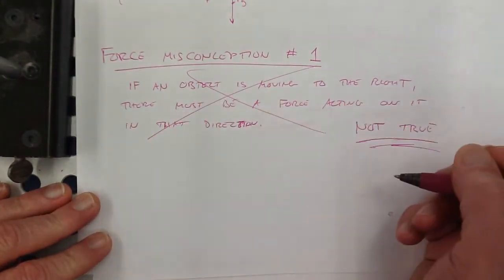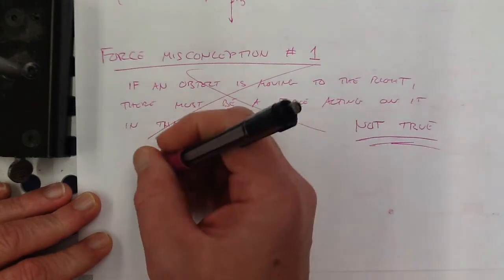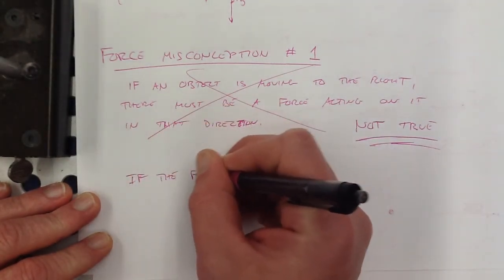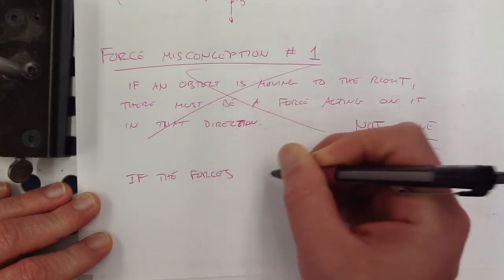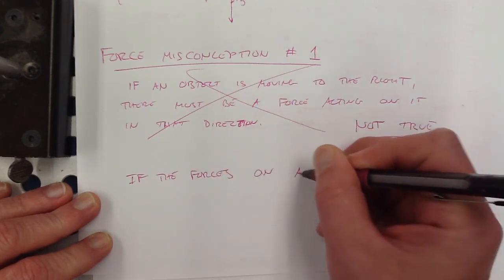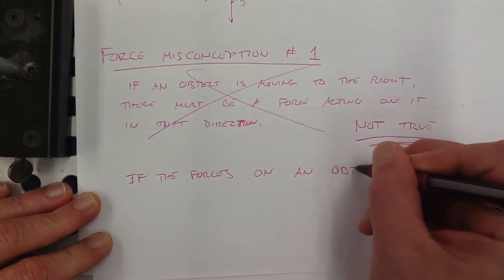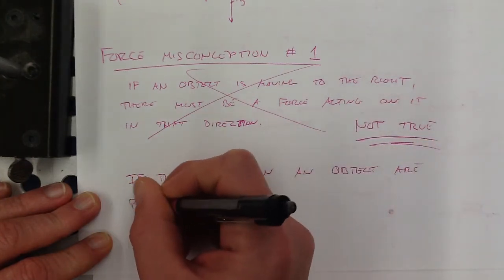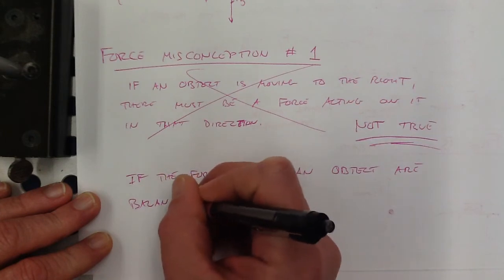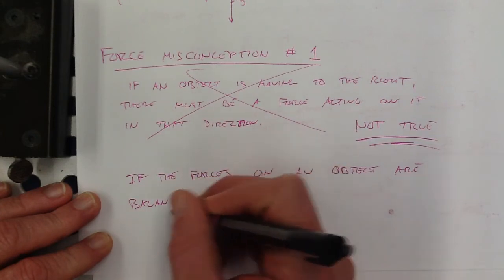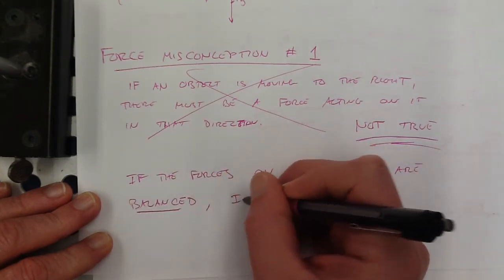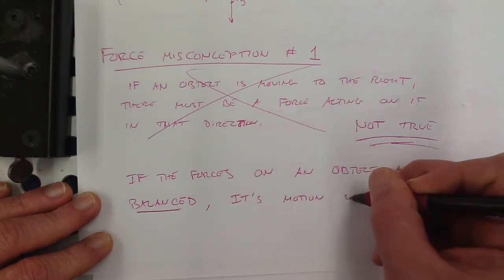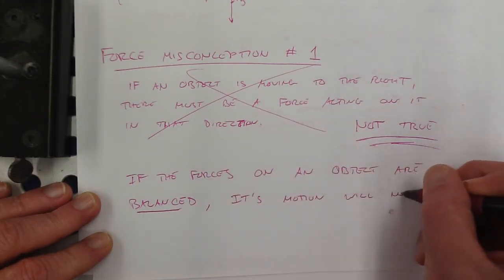So what is true is that if the forces on an object are balanced, its motion will not change.